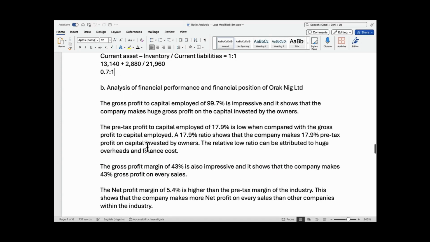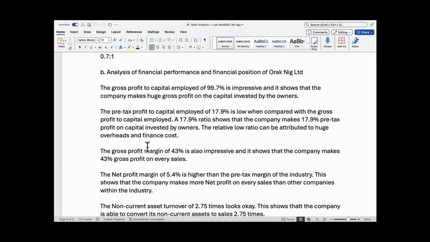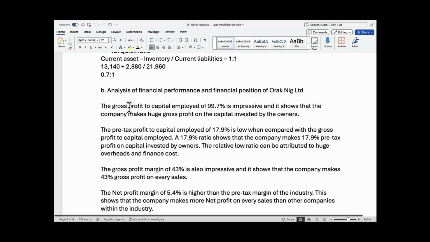Then when we analyzed it, the approach we used was to pick those ratios we computed one by one, and we made a very simple comment on them. Like for the gross profit to capital employed, we mentioned what the company is doing, which is 99.7%.